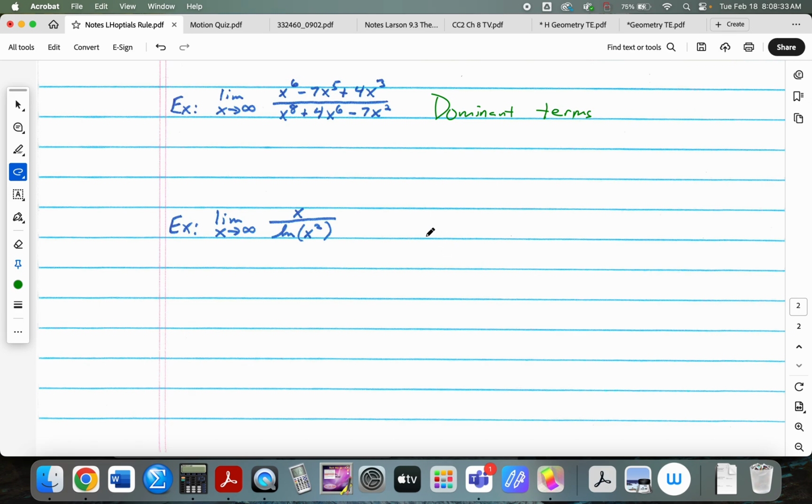X to the 6th. And in the denominator, what of these terms has the greatest effect on the value of the denominator? Yeah. So I'm just going to go, okay, this is going to be the limit as x goes to infinity of x to the 6th over x to the 8th.